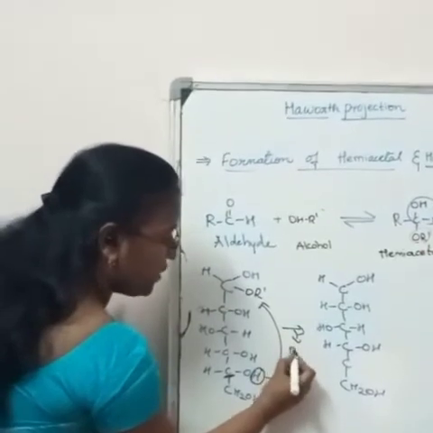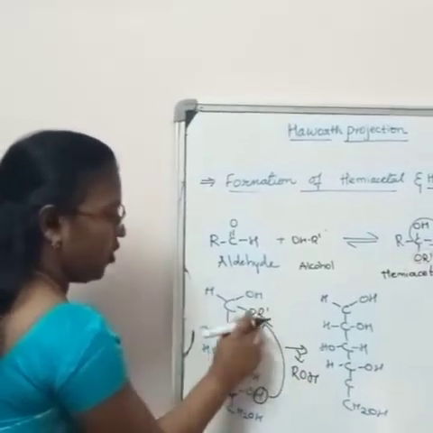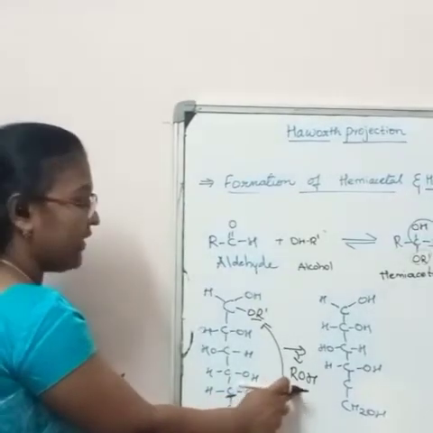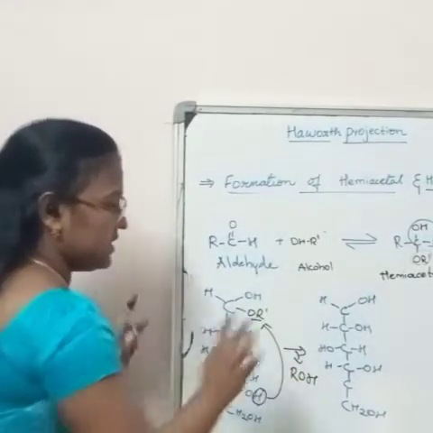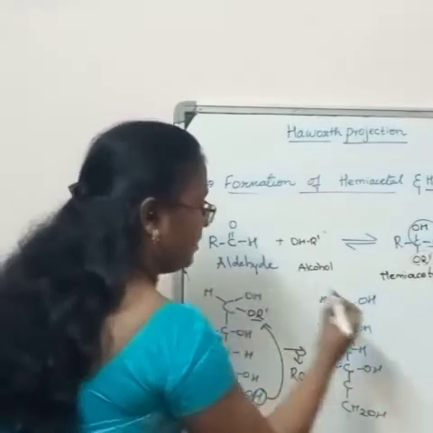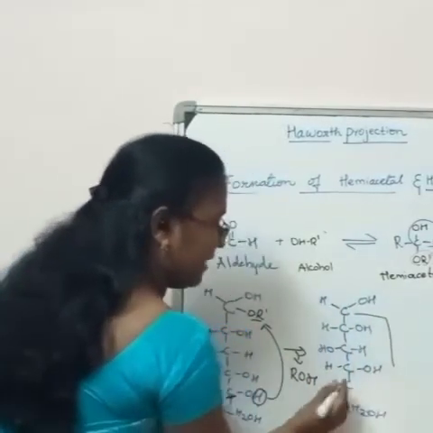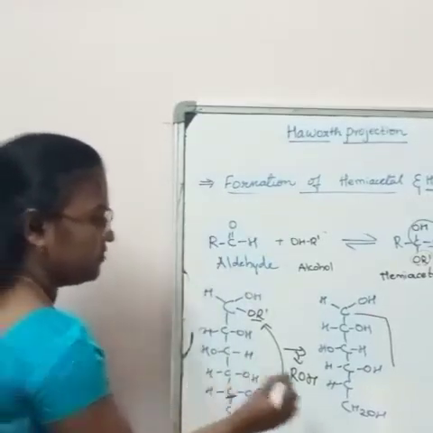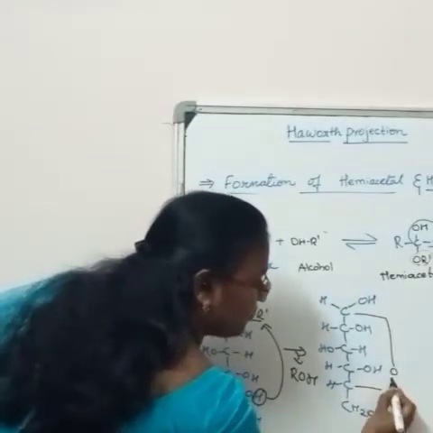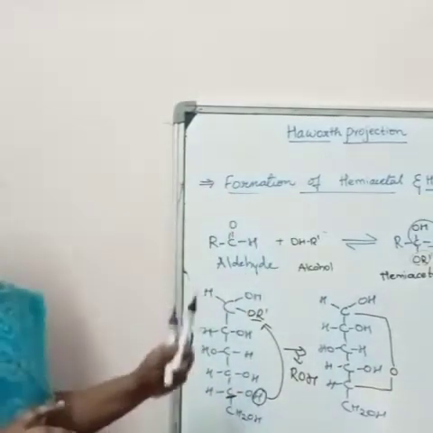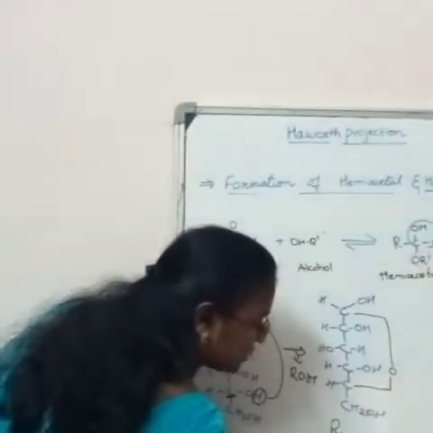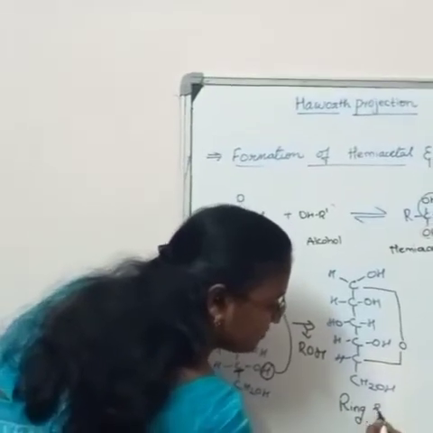Here ROH is removed, that is OR, and this hydrogen is removed in the form of ROH. The remaining one, we are left with only oxygen here. So this is the ring structure of glucose.